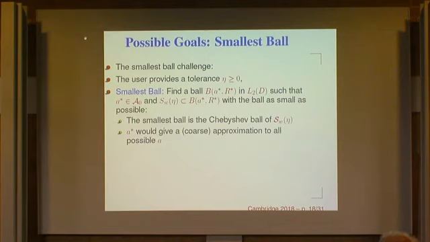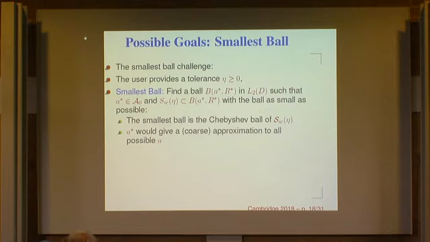And that is what I call the smallest ball. So I look at all the parameters that, let's say, give the value W or are in this S_W eta, where eta is small. They're very close to giving the value W, and I say, find a ball here in parameter space that contains all these parameters. Find the smallest ball.